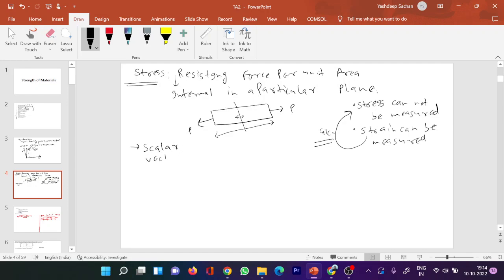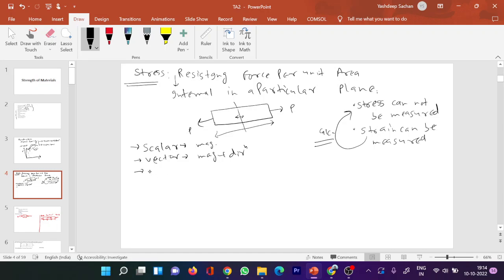A scalar is a quantity we can define completely by providing the magnitude only, like degrees Celsius. And a vector has both: in order to make it significant, we have to provide magnitude as well as direction. So for a scalar, only magnitude is required.